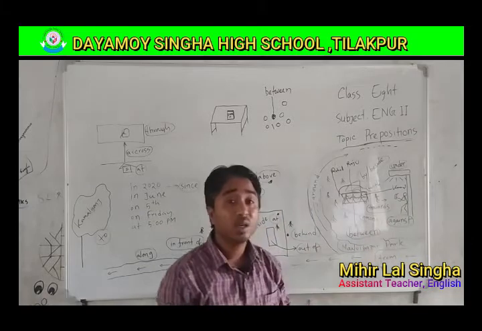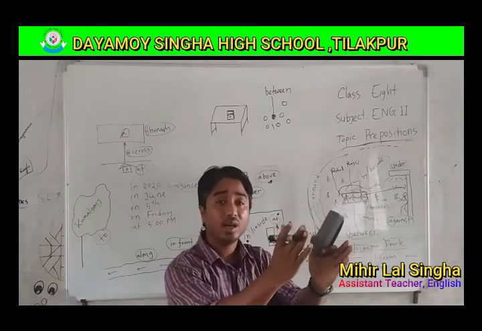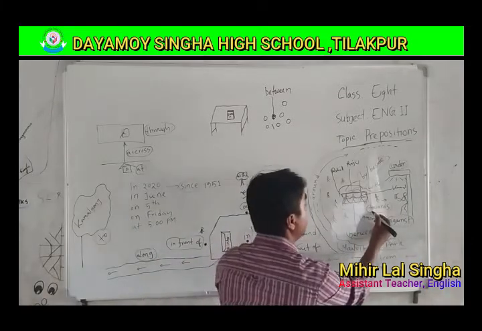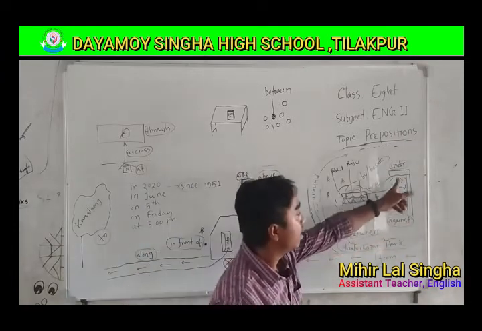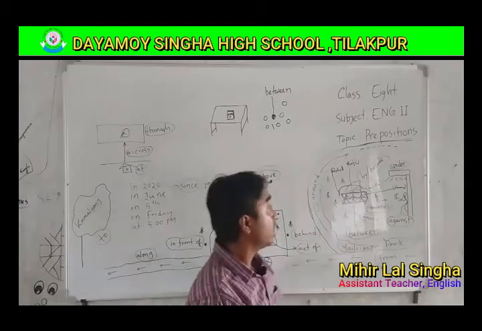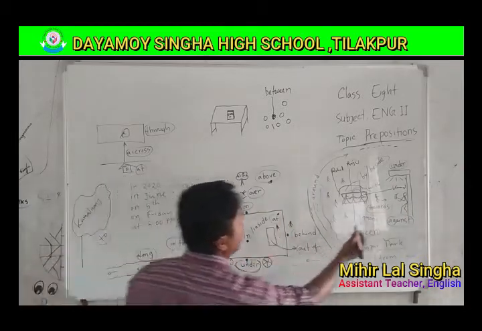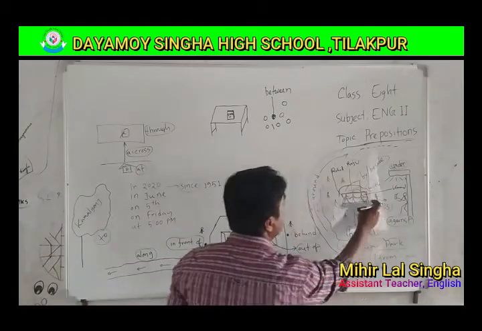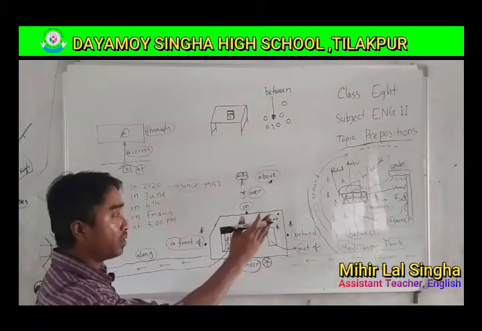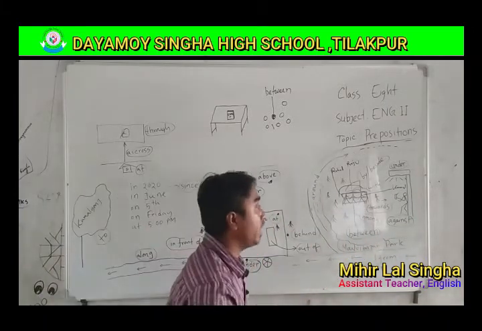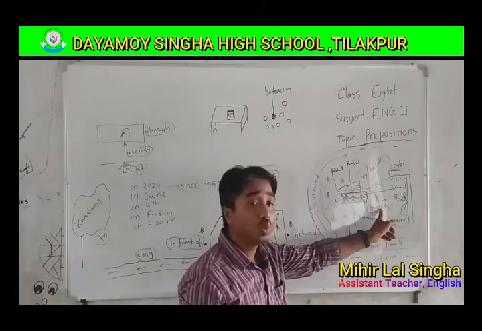That means he is going towards the lamppost, and his face is facing the target. If the movement is straight to something, then we have to use the preposition towards.